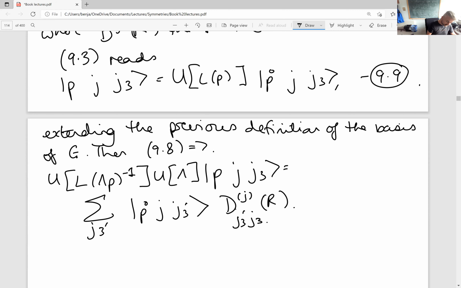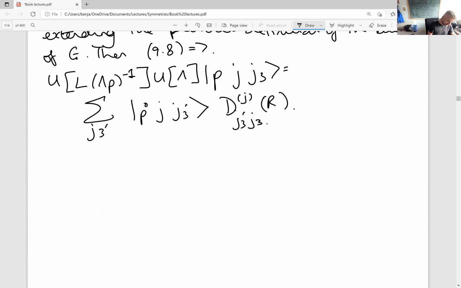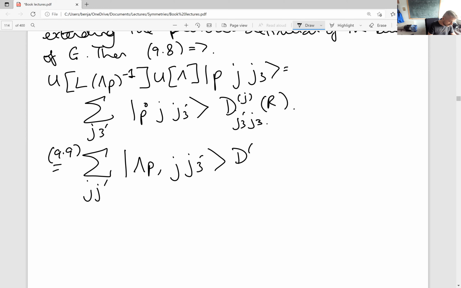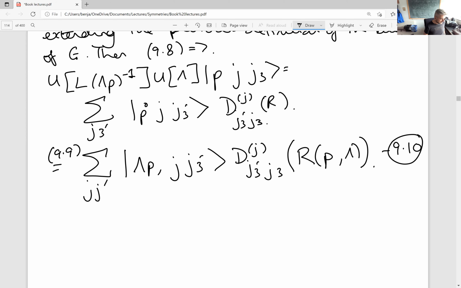Okay, so the right hand side here is equal to, from 9.9, the sum over J3 prime of lambda p J J3 prime. And now I'm going to put in the fact that this representation, of course, is a function of p and lambda explicitly, just to remind us.